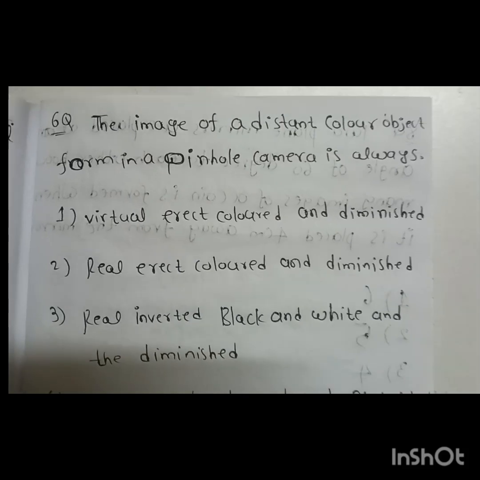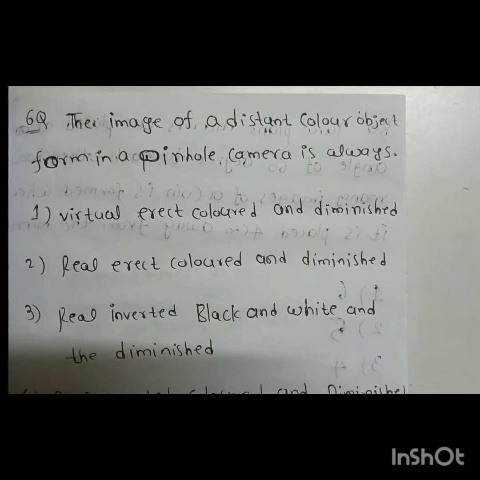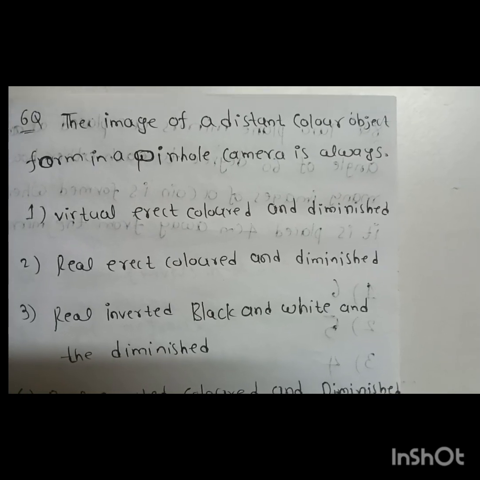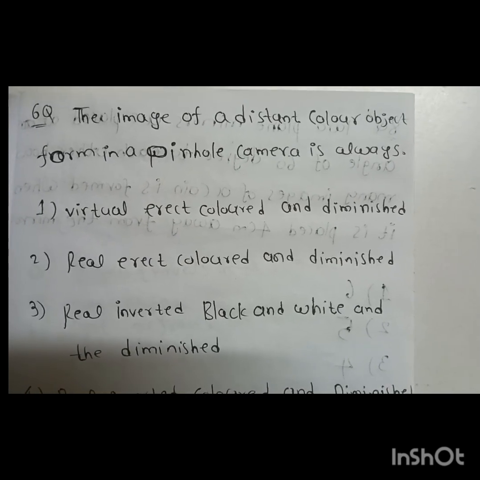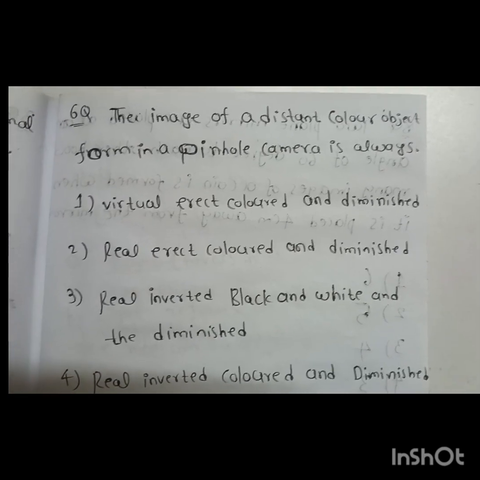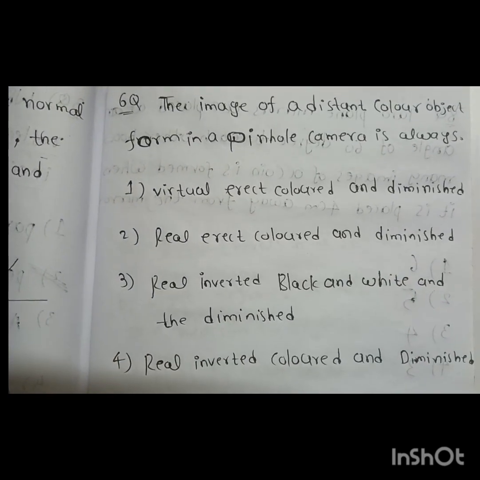Next, moving to the next question: the image of a distant colored object formed in a pinhole camera is always. If you know the properties of a pinhole camera, you can easily answer this question.